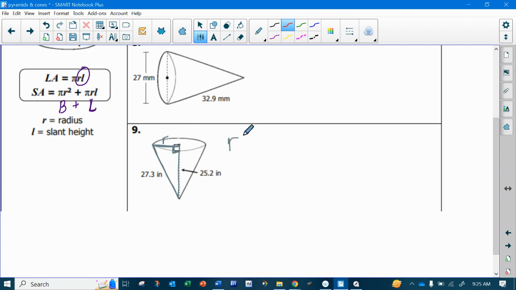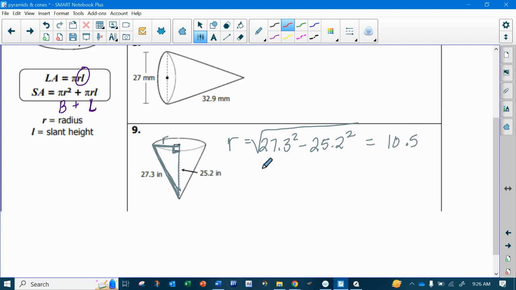So your radius is going to be the square root of 27.3 squared minus 25.2 squared. Because when you know the hypotenuse, you always have to subtract. So just type it in the calculator and see what you get. The square root of 27.3 squared minus 25.2 squared is 10.5.